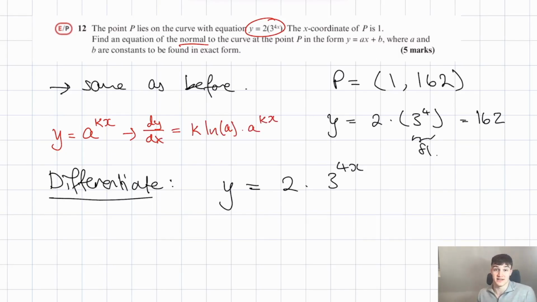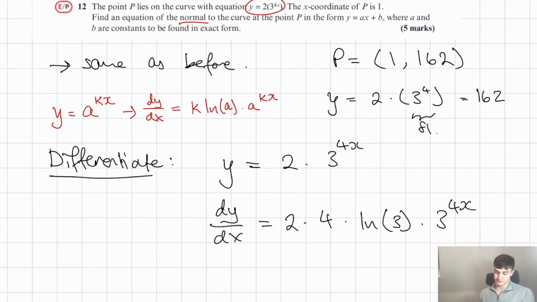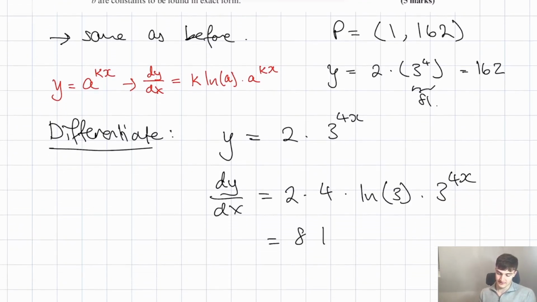That's what we proved in one of the other questions already. So let's use that here. a is just 3, k is 4. So we're going to get dy by dx is equal to 2 times, now we're going to get the k coming down, which is 4, times the natural log of the base, which is 3, times 3 to the 4x. Okay, so more compactly, 8 ln 3 times 3 to the 4x.